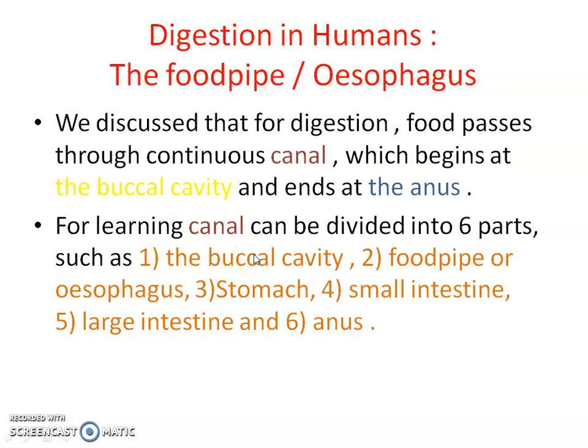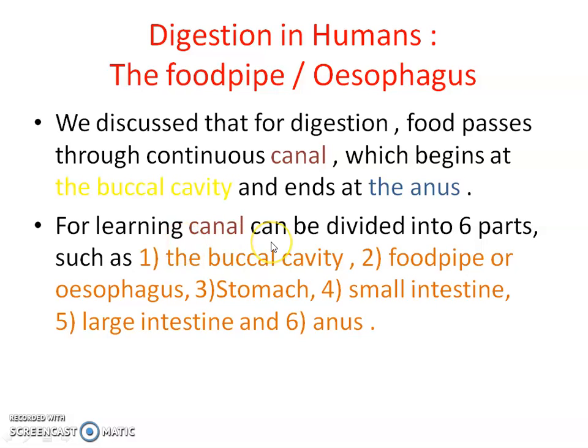We discussed and learned the first part, the buccal cavity. For digestion, food passes through a continuous canal which begins at the buccal cavity and ends at the anus.